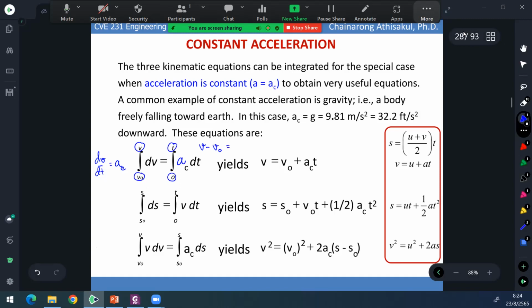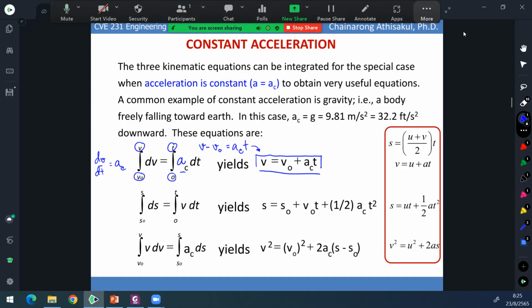For the right-hand side, when a_c is constant, we get a_c t, because the limit of integration is from 0 to t. So we can rearrange to obtain v equals v0 plus a_c t.